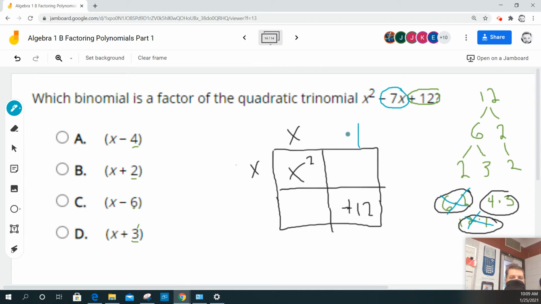So if I make this a 4 and I make this a 3 and I multiply it out, I get 3x and positive 4x. Well, that's not good. I want it to be negative. But I could say negative 3, which gives me a negative 3x, and I could say negative 4, which gives me a negative 4x, and negative 4 times negative 3 does multiply out to be a positive 12.